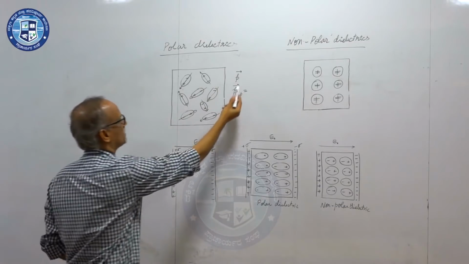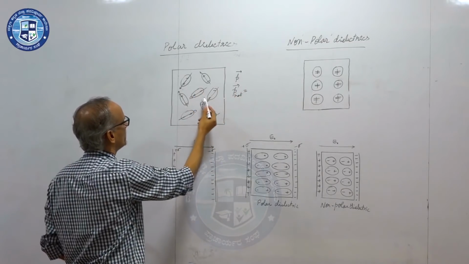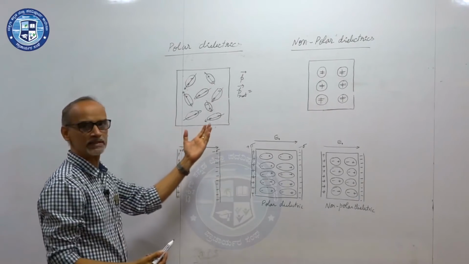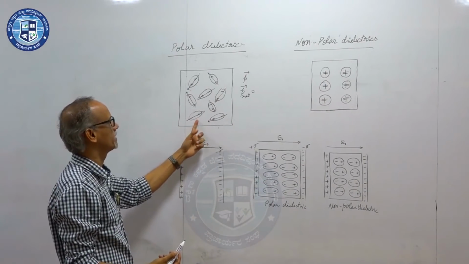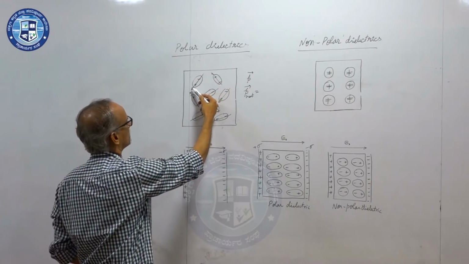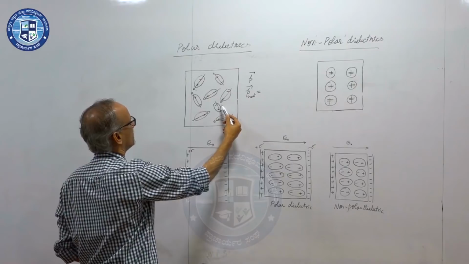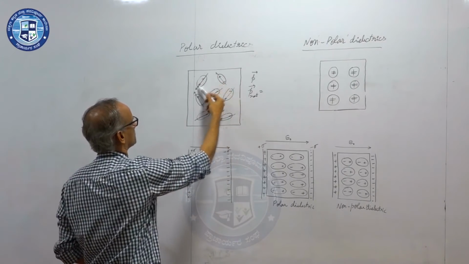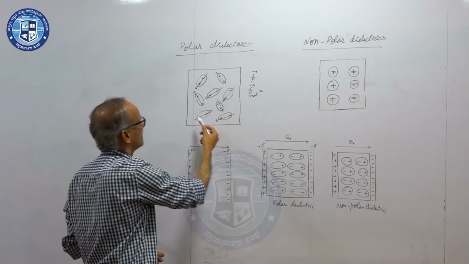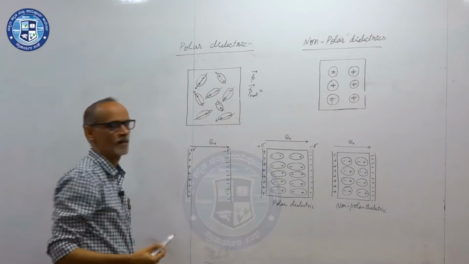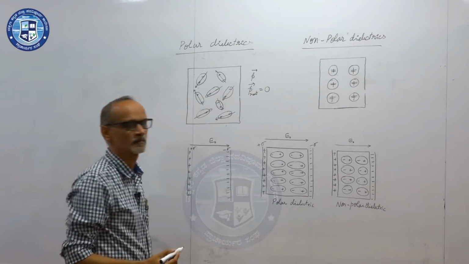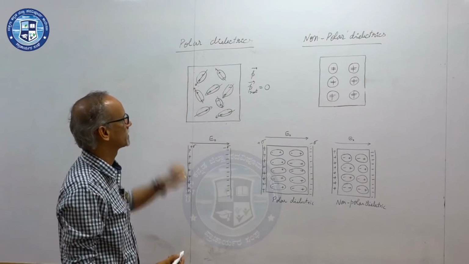It is the vector sum of the dipole moments due to the individual dipoles. But here, due to thermal agitation, they are randomly oriented. So, for every dipole moment in one direction, there will be another molecule having a dipole moment in the opposite direction, so they cancel each other. That is why the net dipole moment of the entire system is 0 in the case of a polar dielectric.